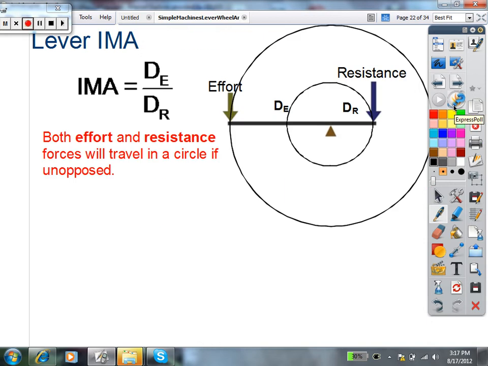Okay, so now let's look at the lever ideal mechanical advantage. We said that the lever ideal mechanical advantage is equal to dE, which is the distance away from the effort, divided by dr, which is the distance away from the resistance.